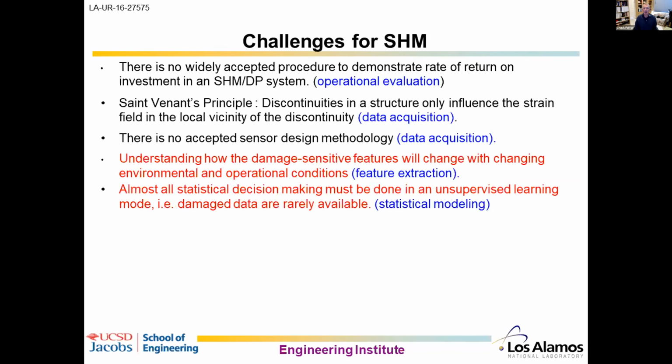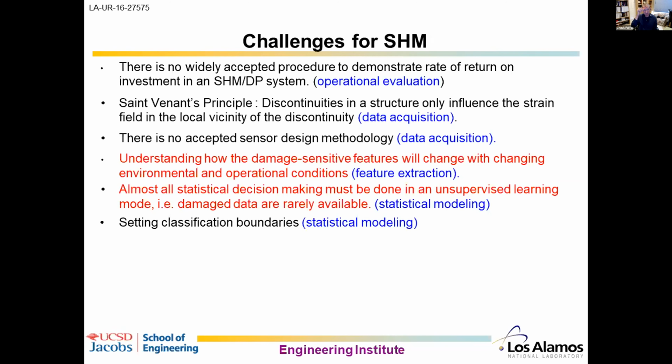Also, it's very rare that we actually have data from the damaged condition to use in our decision-making process. Almost all structural health monitoring has to be done in an unsupervised learning mode.